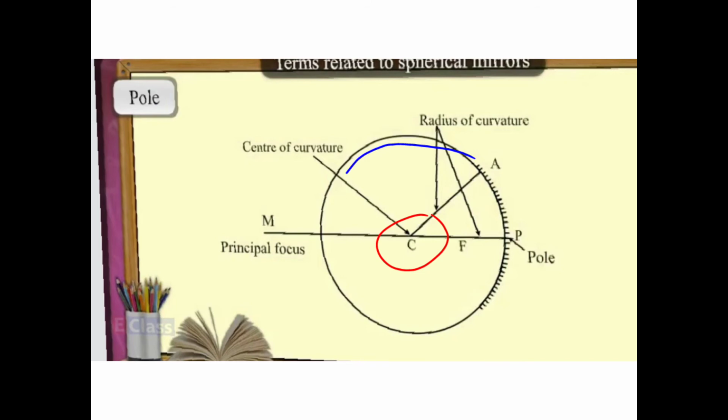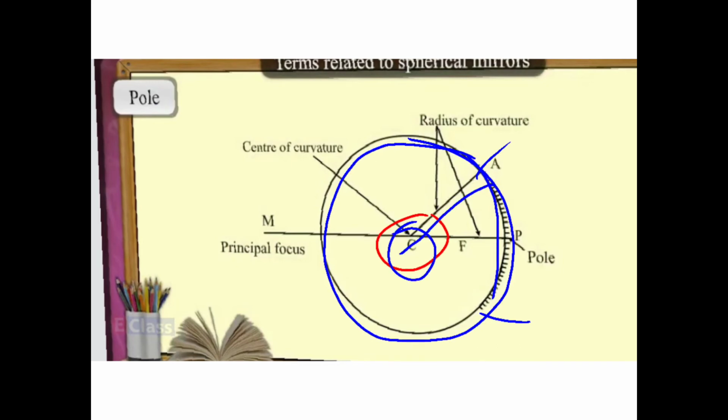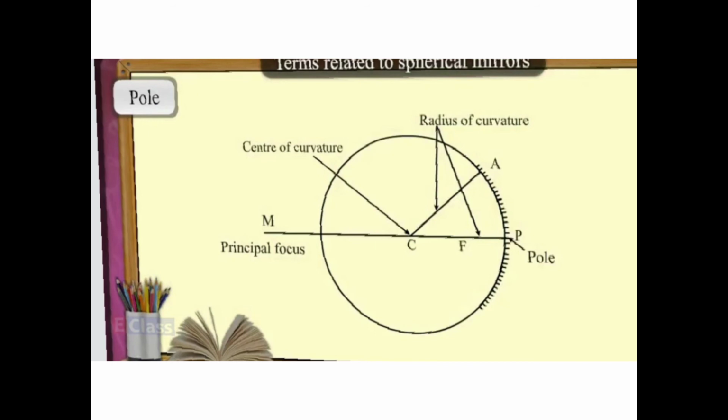So two-dimensionally, if this is the entire sphere and this part is cut, then the center of this sphere is the center of curvature, and this is the radius of this sphere. Is this clear?